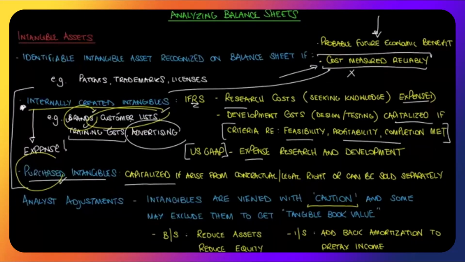How would you do that? In the balance sheet, obviously just take those intangible assets out. That will reduce assets and reduce equity. Got to keep your balance sheet balanced, otherwise it's just a sheet. In the income statement, be aware that intangibles are being amortized and, I should say, potentially impaired.